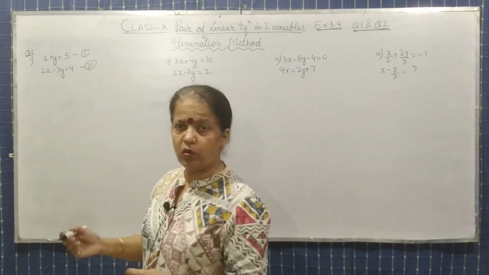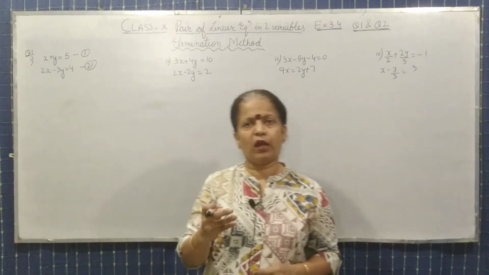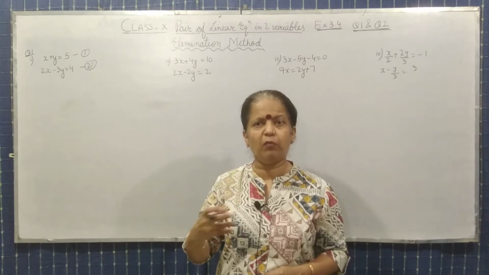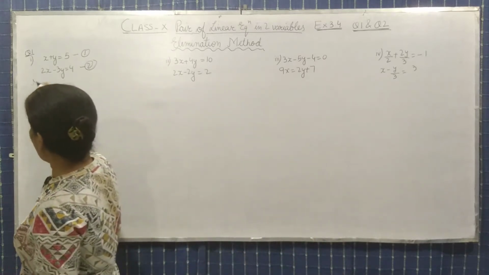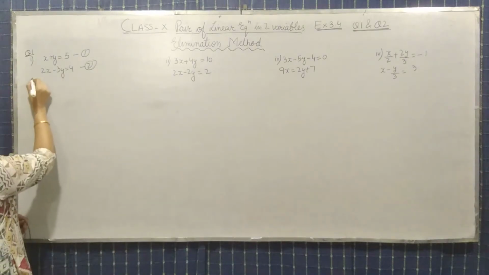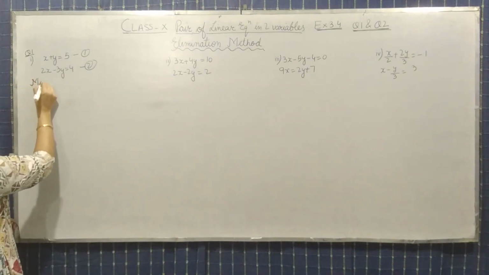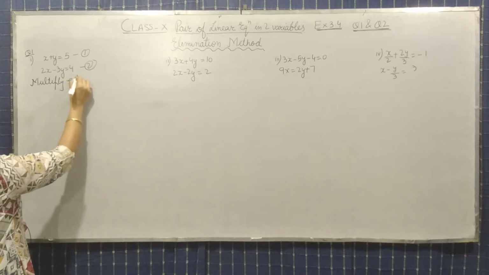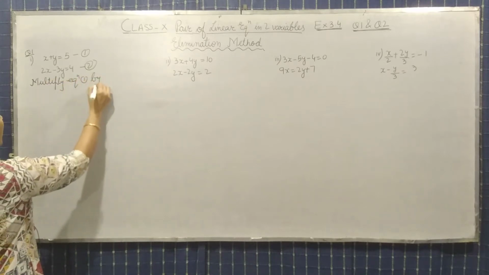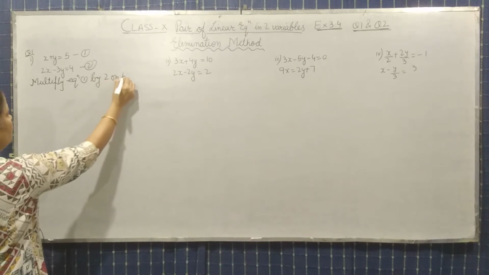As I have told, either you have to make the coefficient of x same or y same. So what we will do, multiply equation 1 by 2 on both sides.